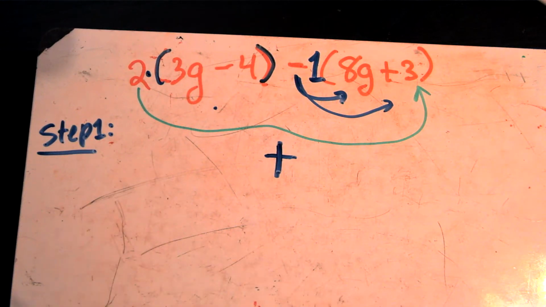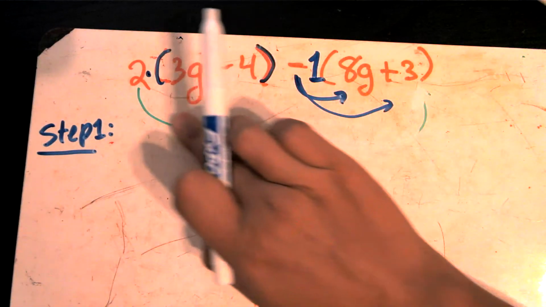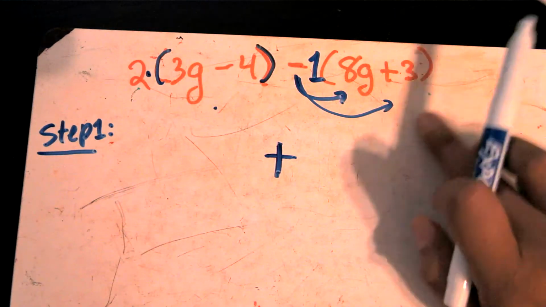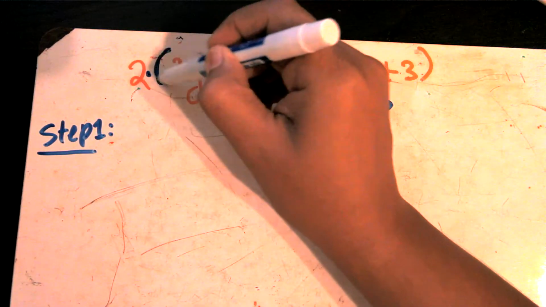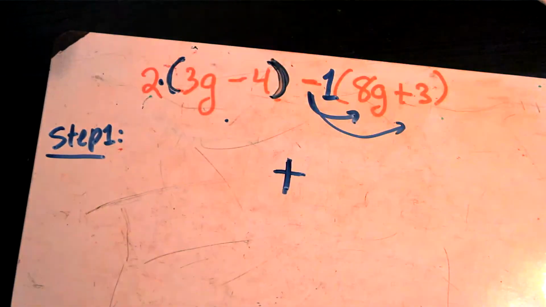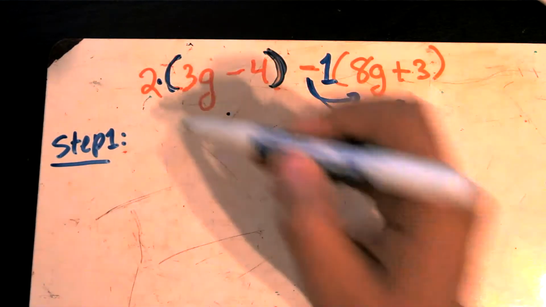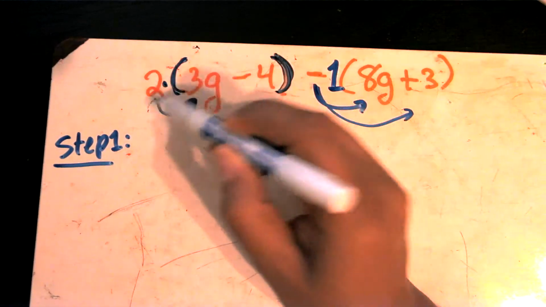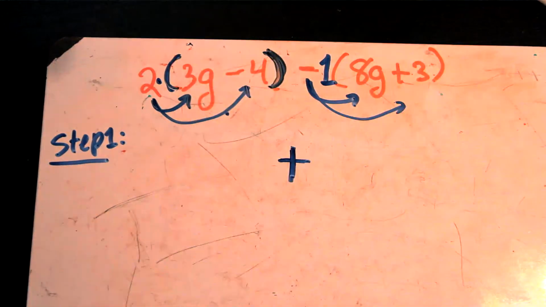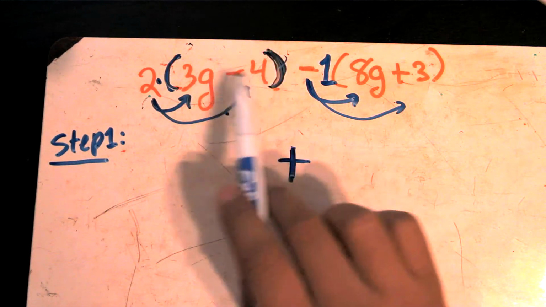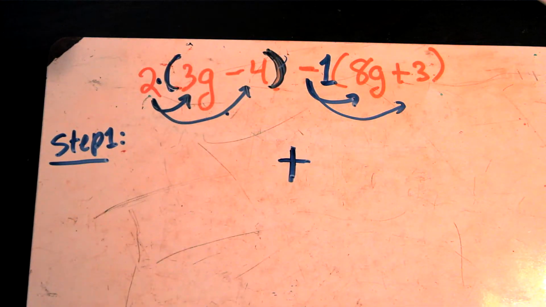So the only numbers that 2 is going to distribute into are all of the terms inside the parentheses that it is right next to. So that 2 is going to be distributed to the 3g and the -4, and that's it, because those are the only two terms in the parentheses right next to the 2.